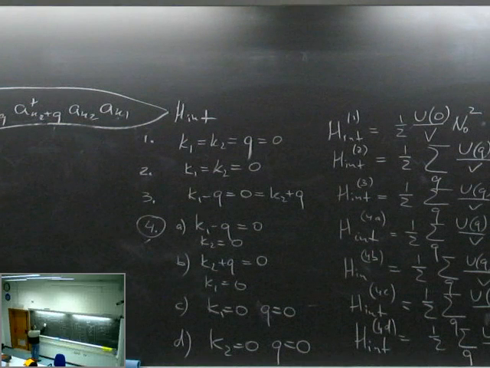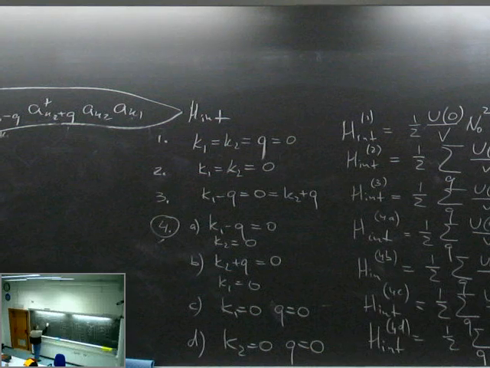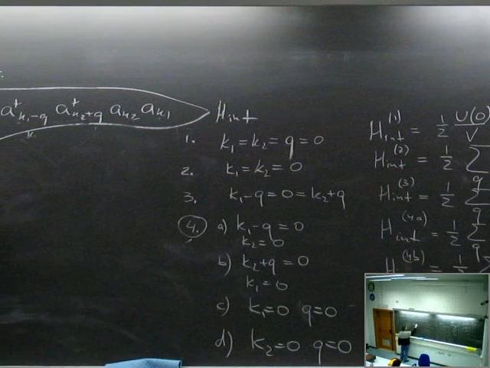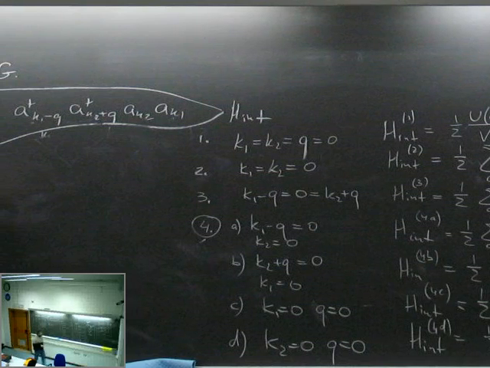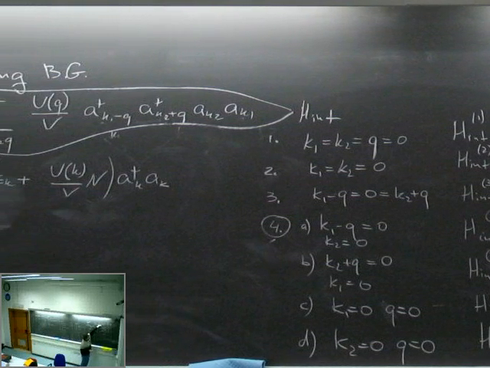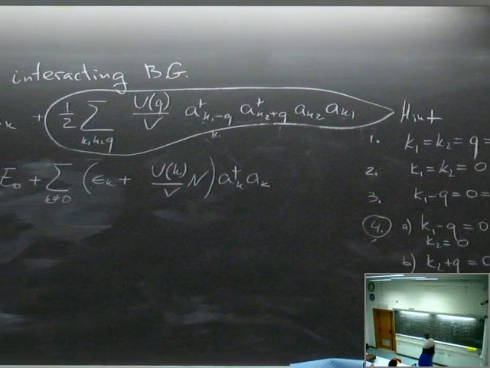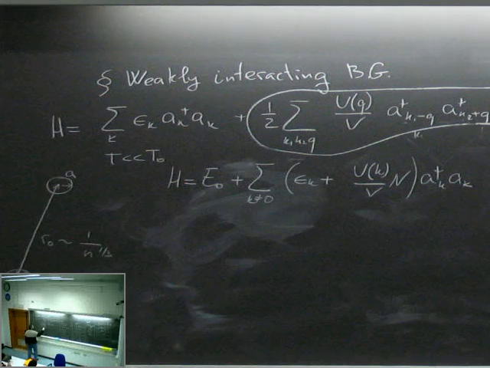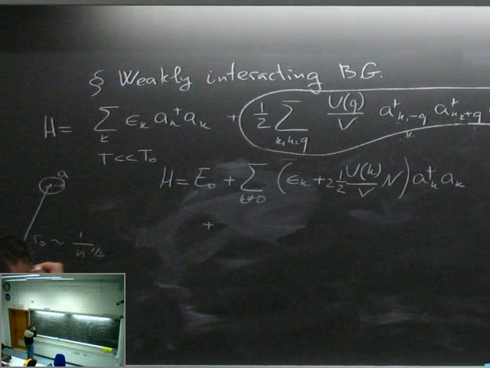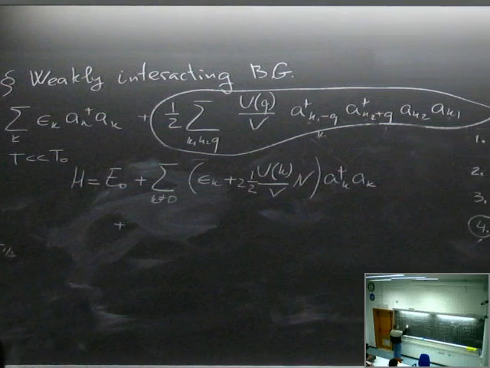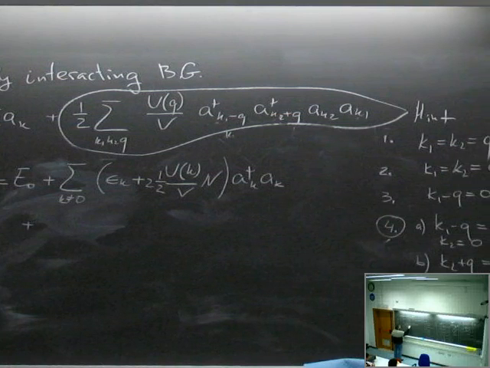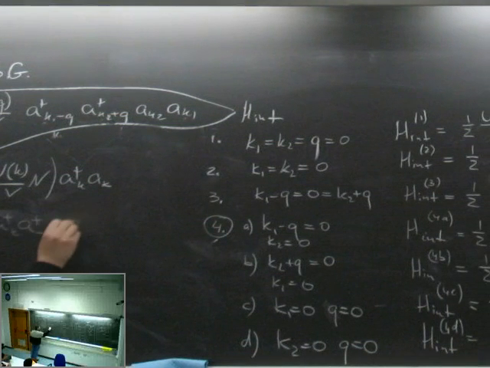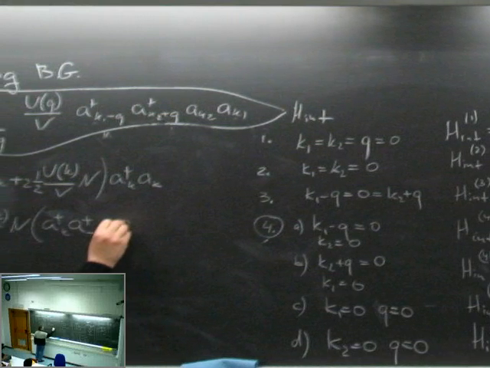Here, epsilon K plus U K over V times N, A dagger K A K. This is this term plus this term, plus, let me write it twice as 1/2 if you like, 1/2 sum over K not equal to 0 U K over V N, A dagger K A dagger minus K plus A minus K A K.